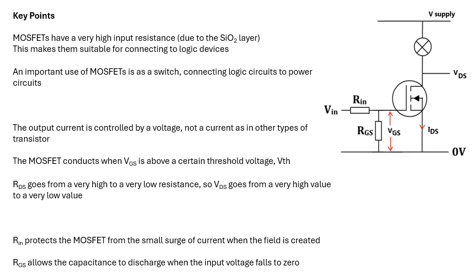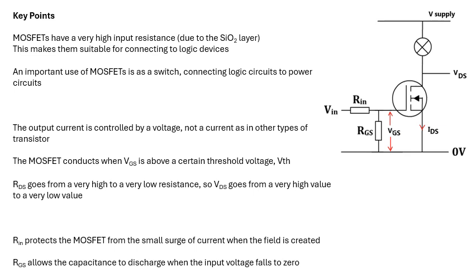An important use of MOSFETs is as a switch, connecting logic circuits to power circuits, for example, turning a motor on and off or turning a bulb on and off. The output current is controlled by a voltage, not a current, as in other types of transistor. The MOSFET conducts when the VGS is above a certain threshold voltage.